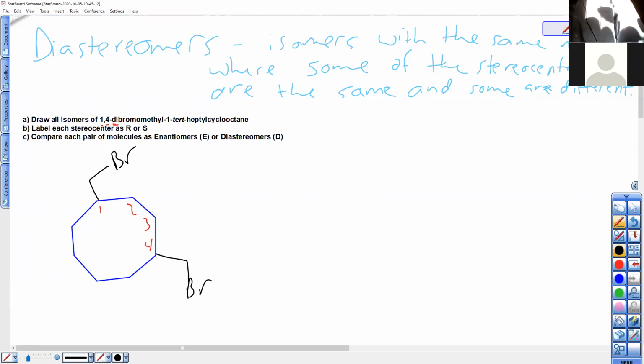Strategy for any tert is to start with the chicken foot. There is tert butyl. How many more carbons do you need for heptyl? 3. Pick one of the feet and make it have 3 more carbons in a row. 1, 2, 3. Verify you've got to 7. 1, 2, 3, 4, 5, 6, 7.